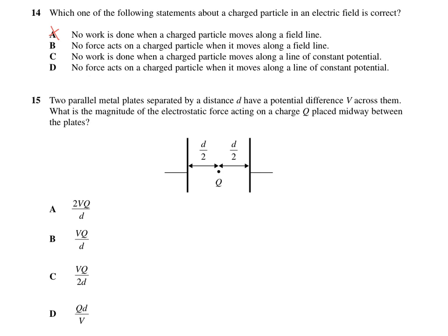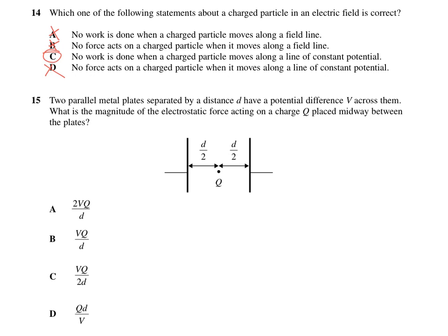No force acts on a charged particle as it moves along, rubbish, because it's charged, so it's going to be either attracted or repelled by one of the positive and negative charges. No work is done when a charged particle moves along a line of constant potential. Well, if the potential and therefore potential energy doesn't change, that means no work is done. So yes, that's going to be correct. No, if it's along a potential line, there's still a force, it just hasn't changed the potential, so that's rubbish.